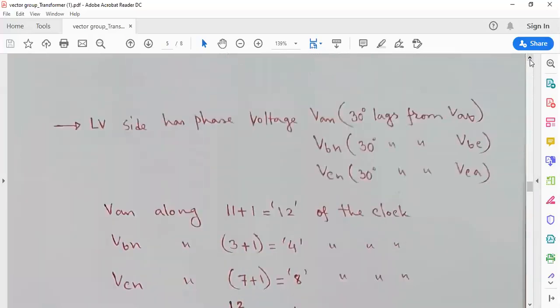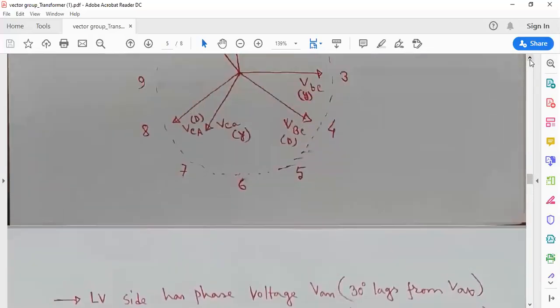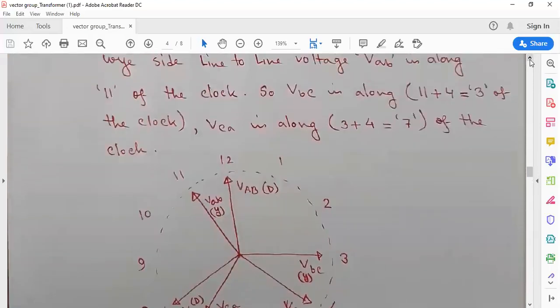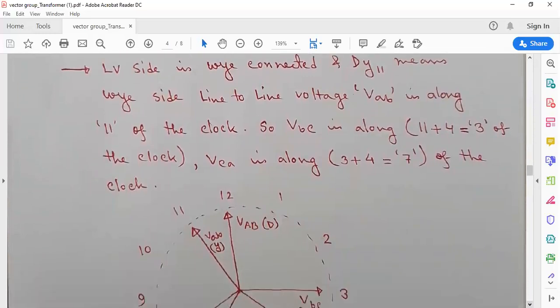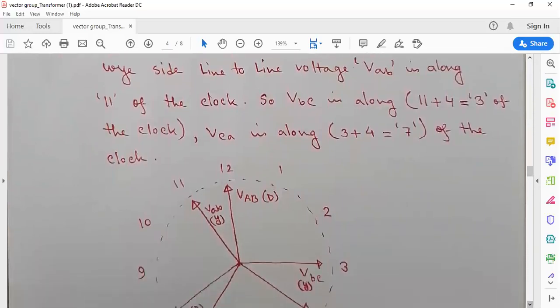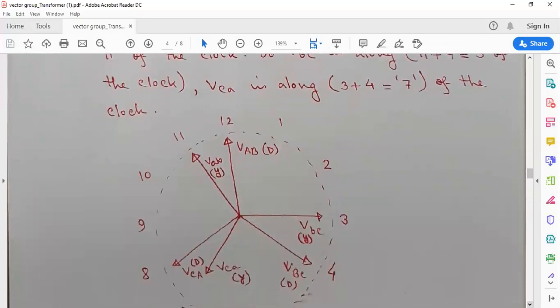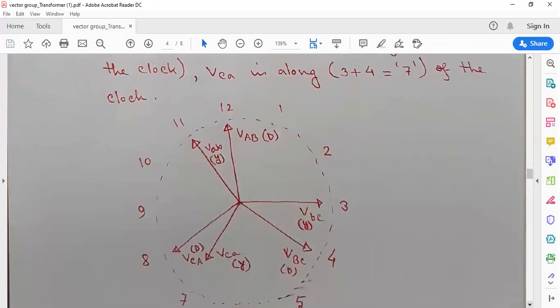So in the low voltage side, we already have some information: the Y voltage side, or the low voltage side, line to line voltage VAB is along 11. If we know VAB is along 11, in which direction will VBC be?